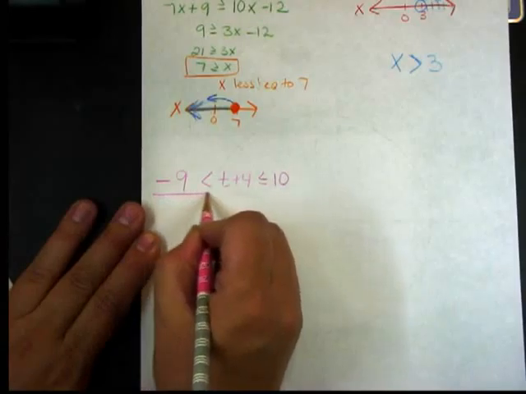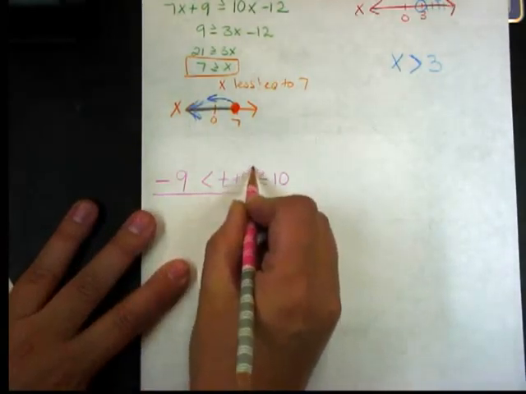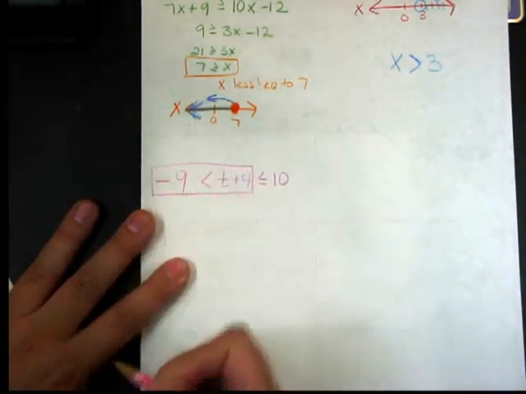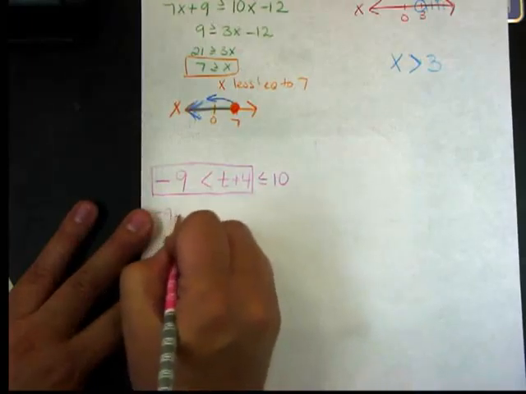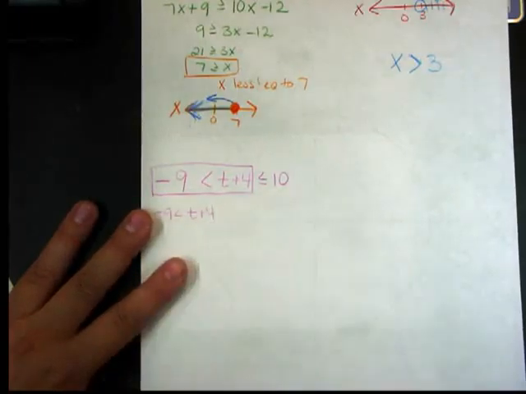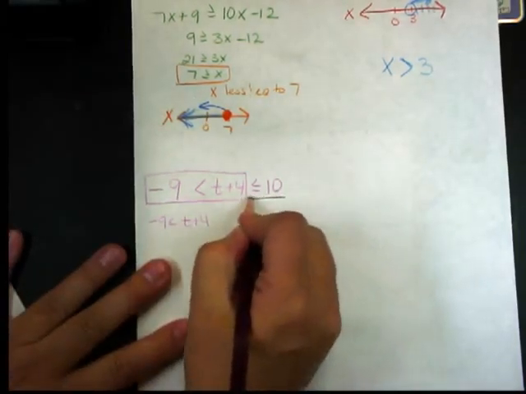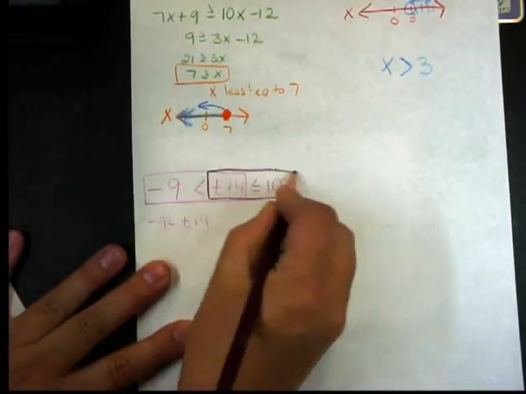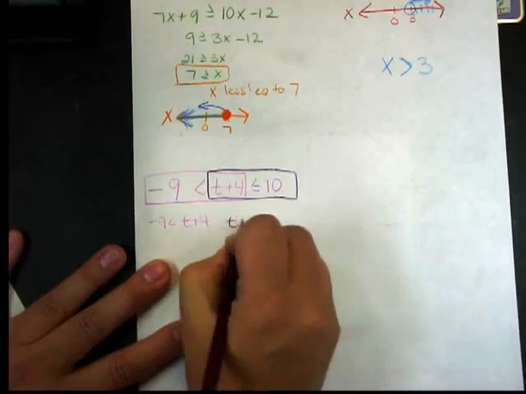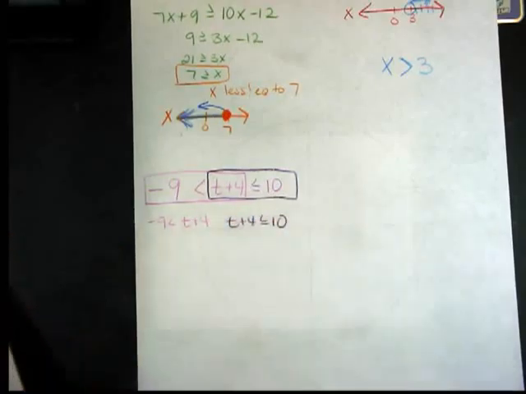-9 is one edge through one symbol. So -9 is less than t plus 4. Now if I go from the other edge through one symbol, I get t plus 4 is less than or equal to 10.